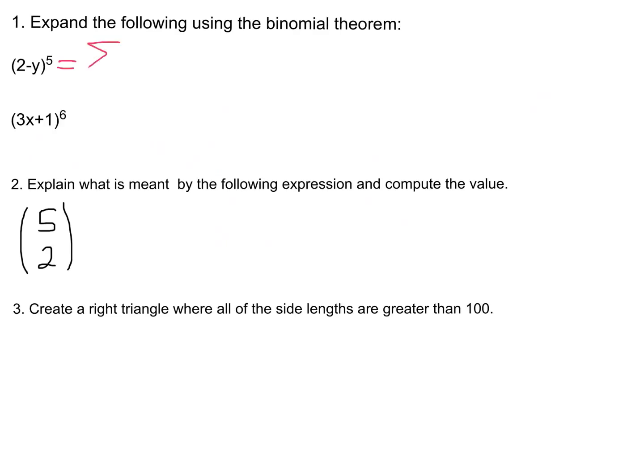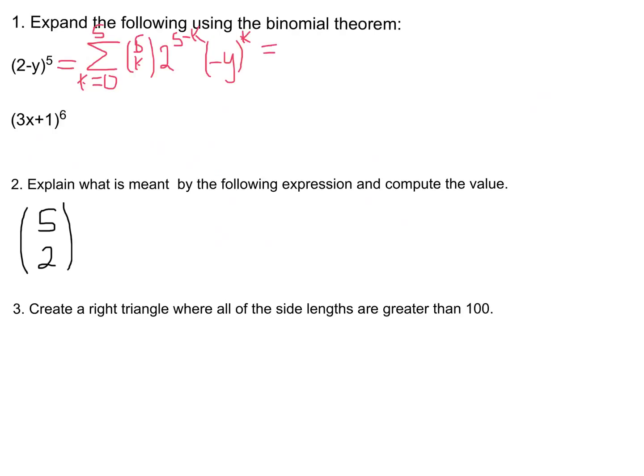So you're going to be taking the sum from k equals 0 all the way until k equals n, which in this case is 5, of 5 choose k, and the a value here is 2, times 2 to the n minus k, which I should write as 5 minus k, times b, in this case b is negative y to the k.